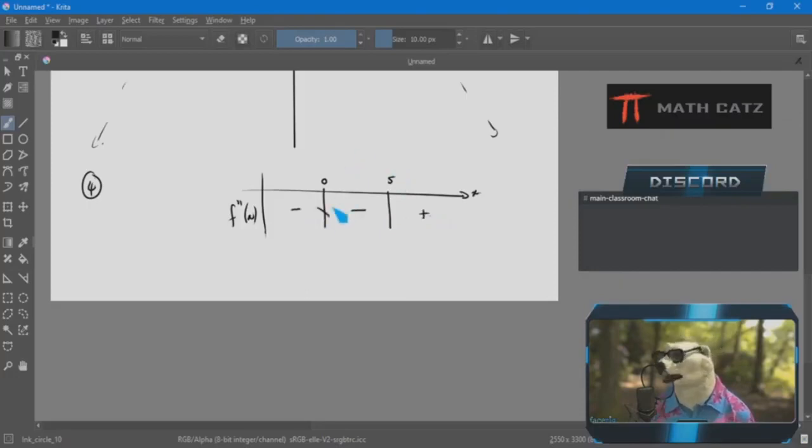At 0, the second derivative is undefined. At 5, the second derivative is 0. So I'm bending down, bending down, bending up. All right, let's see if that fits what I have so far.